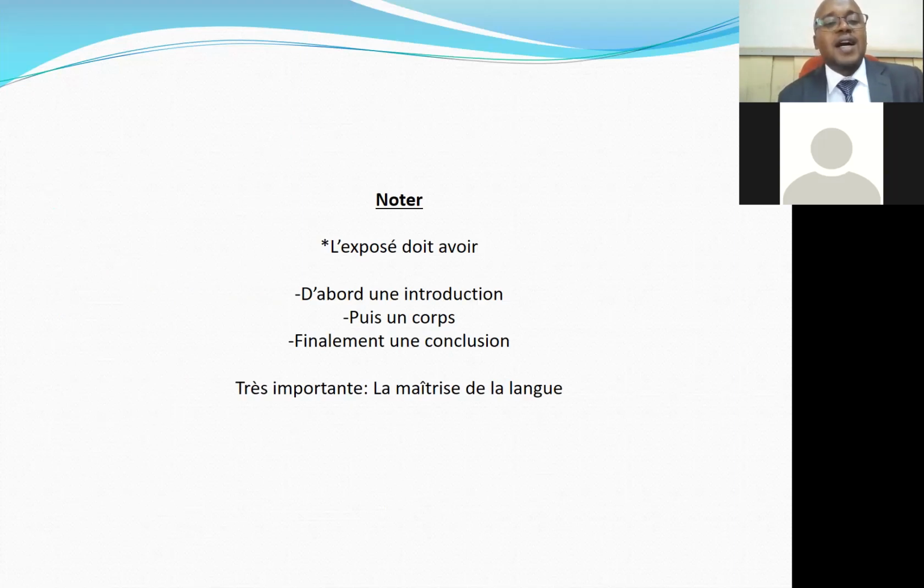L'exposé doit avoir, très important, the exposé must have the following. D'abord, une introduction. Make sure that your exposé has an introduction. Puis, encore, it has to have a body. And finalement, une conclusion.